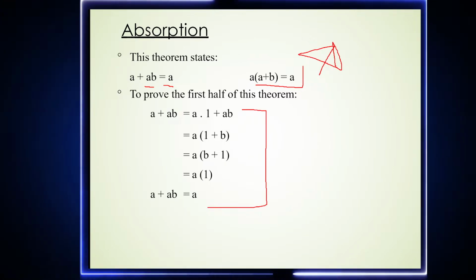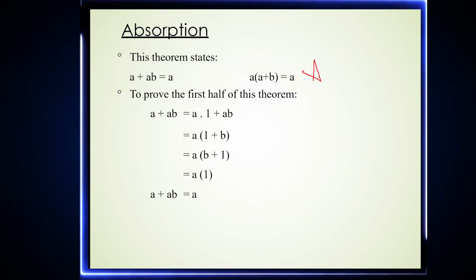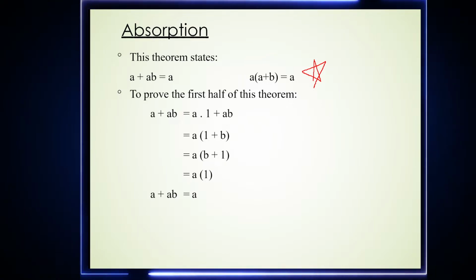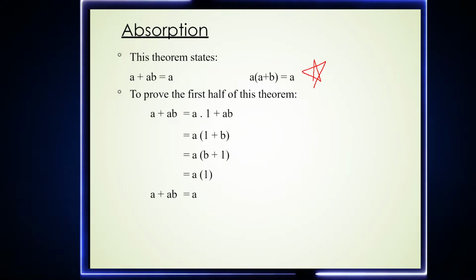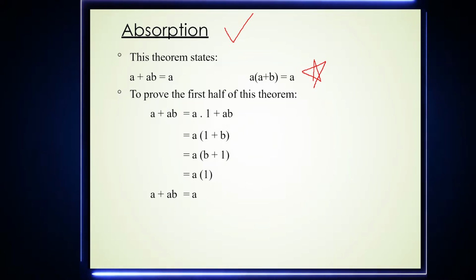Make a table or a sheet where you write down the statements of all the different theorems, because having all the theorems on a single page will help you in solving the sums. So this is the absorption theorem that says A plus AB equals A and A into (A plus B) is also equal to A.